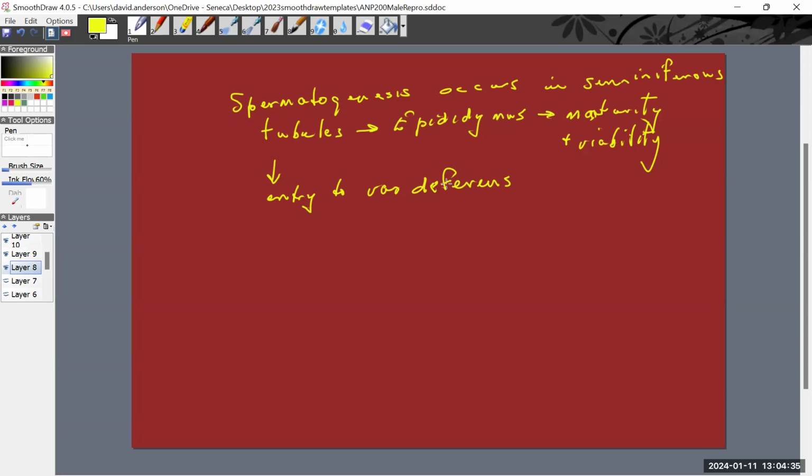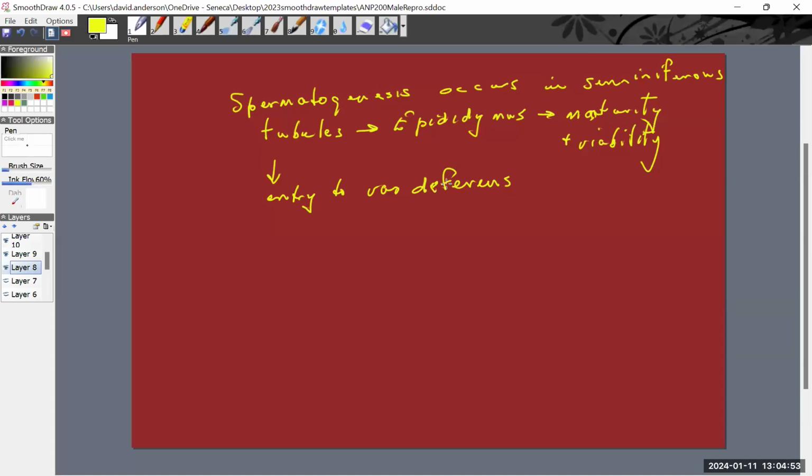Enters the pelvic cavity to loop over and then down the posterior surface of the urinary bladder to join up with the seminal vesicles, duct system from the seminal vesicles.